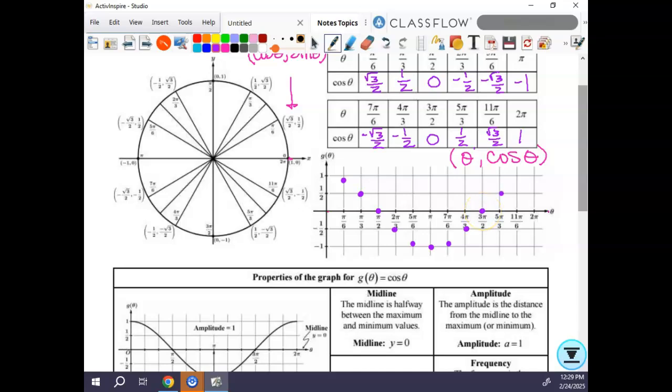And then fourth quadrant is positive. And the one that we missed over here was 0. Cosine of 0 is 1.